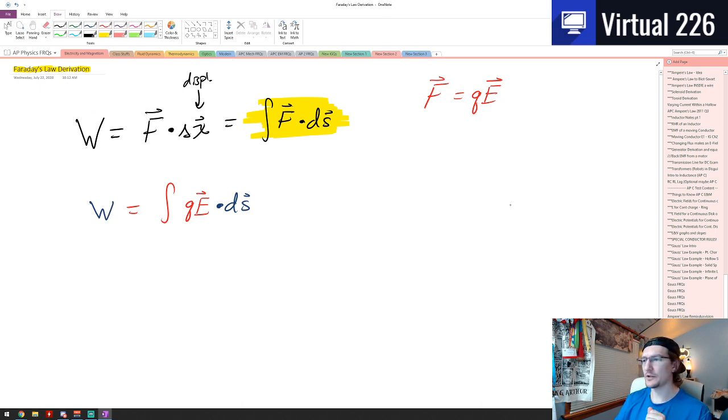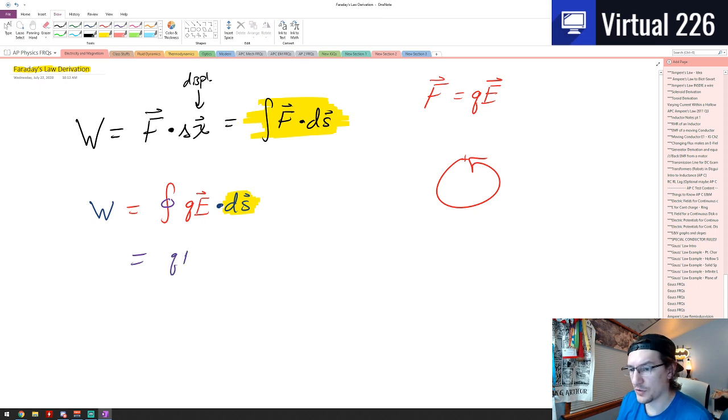Now imagine for a second we take some charge and we move it in a circle. If we take a closed path integral of this displacement vector, well, that's just the circumference of the circle. So we can just call this ds of 2 pi r. So I get QE times 2 pi r, and that has to equal the work.